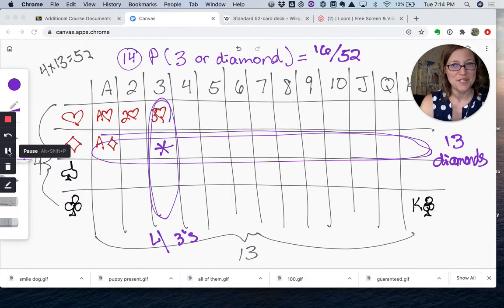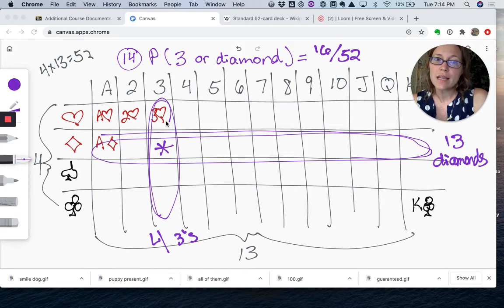How'd you do? Did you get 16 out of 52? Which you could reduce to 4/13. Now I'd like to point out that it would be very easy to say, oh, well there are all the threes, there are 4 of those.